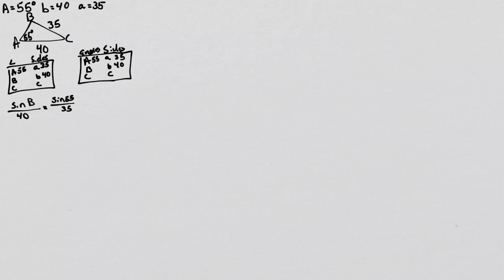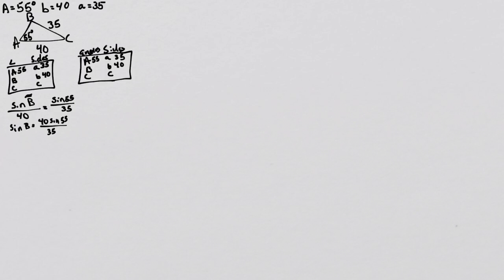From here, we have to get B by itself. The first thing we do is multiply by 40, and that gives me sine B equals 40 sine of 55 divided by 35.